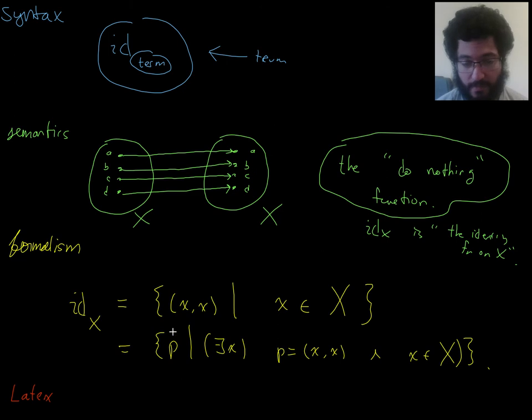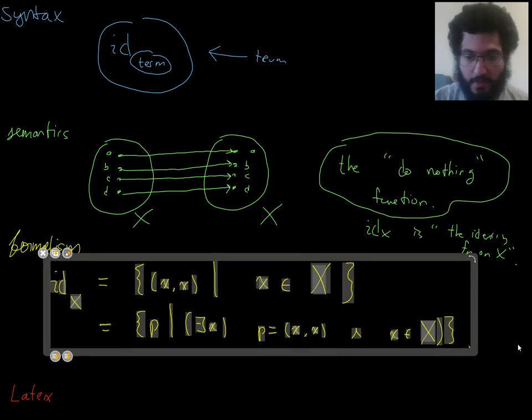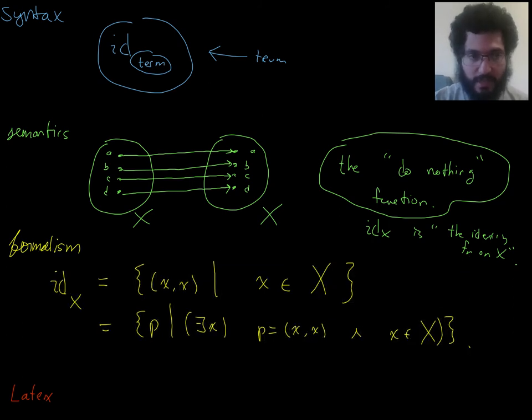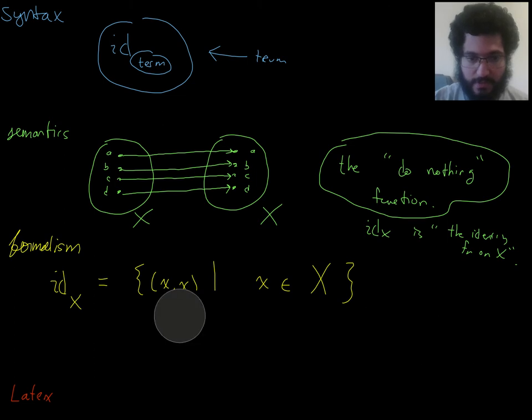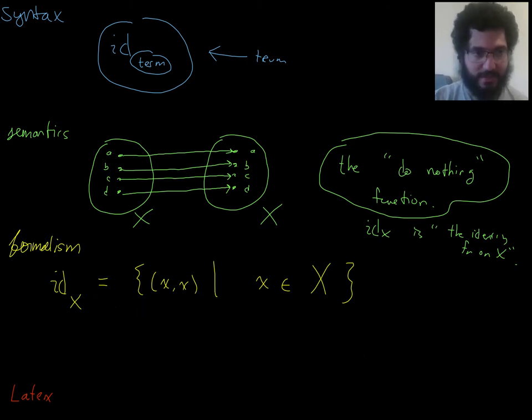To start with, id sub x is just defined to be a certain set of pairs. But from here you can prove that it's a function. And if you're okay with those kinds of conclusions, then you can define it using a formula.